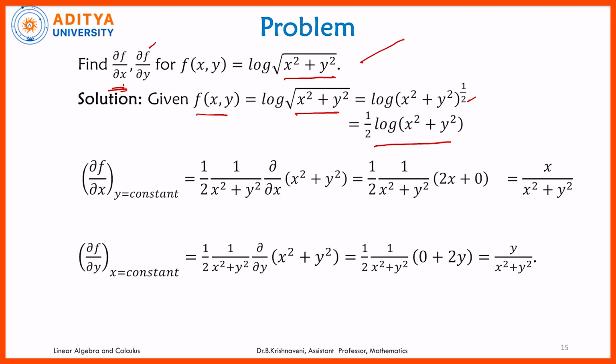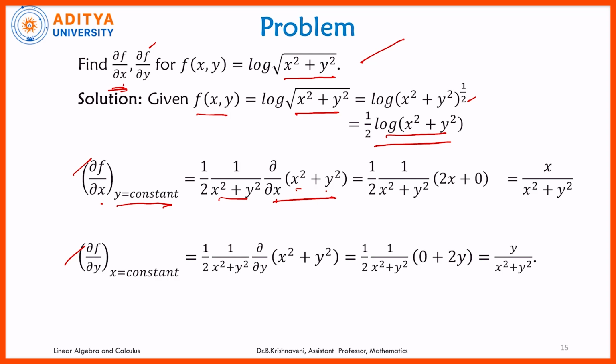Now, let us calculate dou f by dou x and dou f by dou y. While taking the partial derivative with respect to x, we need to keep y constant. So, 1 by 2 into the log derivative, which is 1 by the function, x square plus y square, into the inner derivative, the partial derivative with respect to x of x square plus y square.